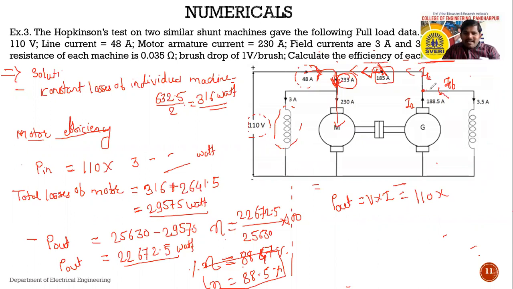हा आर्मेचर करंट आहे. आउटपुट साइडला टर्मिनल व्होल्टेज आउटपुट पॉवर कुठे असेल? सो दिस इज द 185. इट इज नथिंग बट आउटपुट करंट. सो 185. Always keep in mind, in case of generator, output current is less than that of armature current.